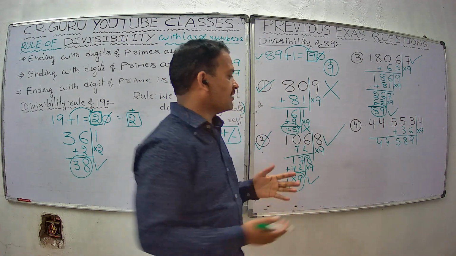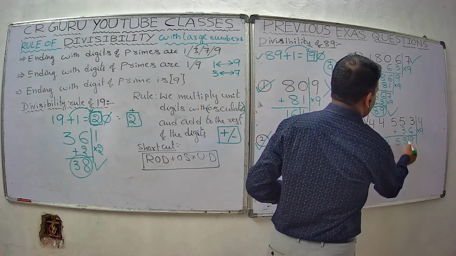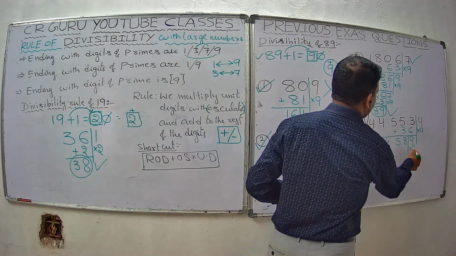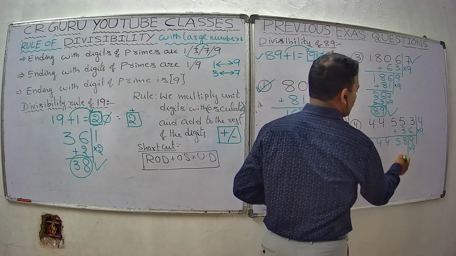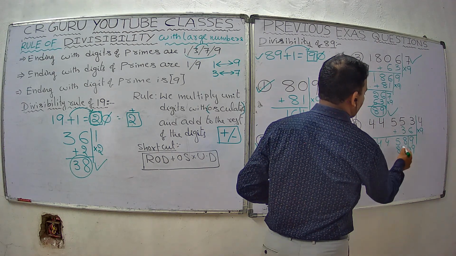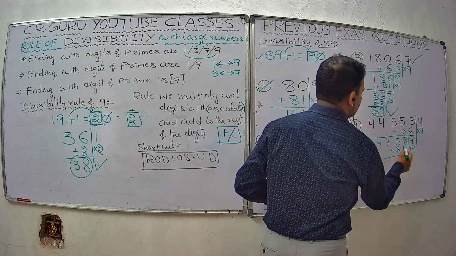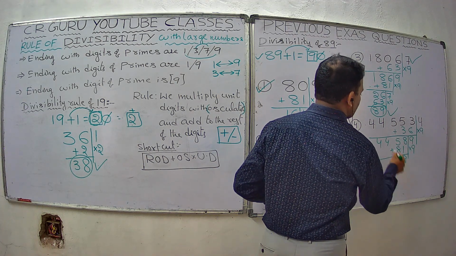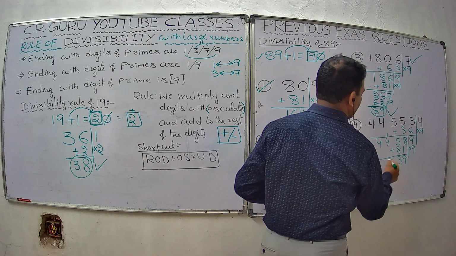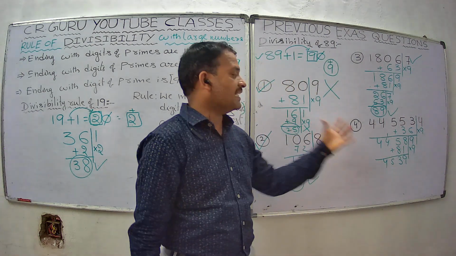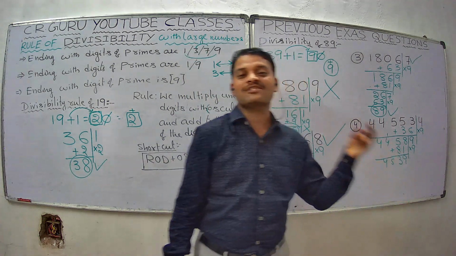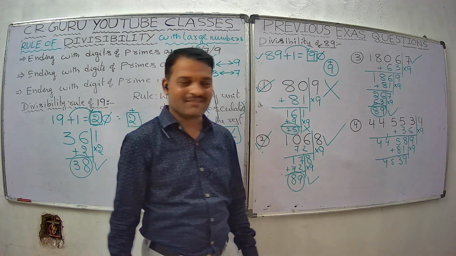So again segregate the unit digit, my dear friends, and multiply the unit digit with the oscillator. 9 nines are 81. Adding with the rest of the digits: 8 plus 1 is 9, 5 plus 8 is 13, 1, 5, 4. Again this 5-digit number reduces to a 4-digit number, my dear friends.